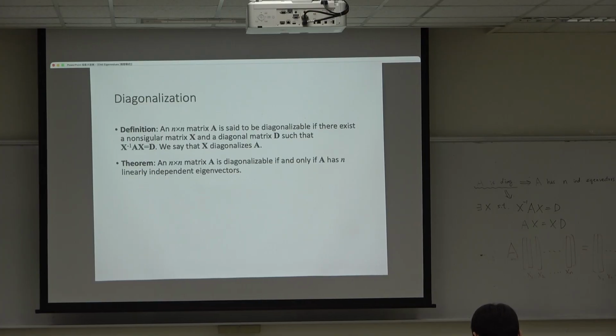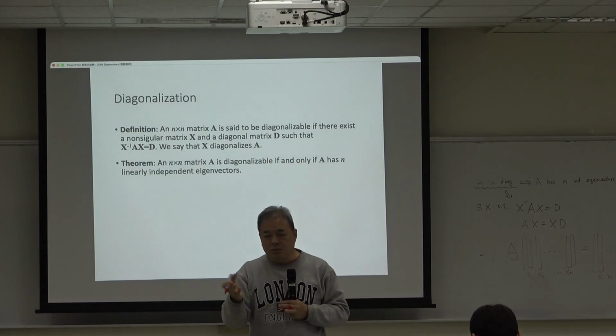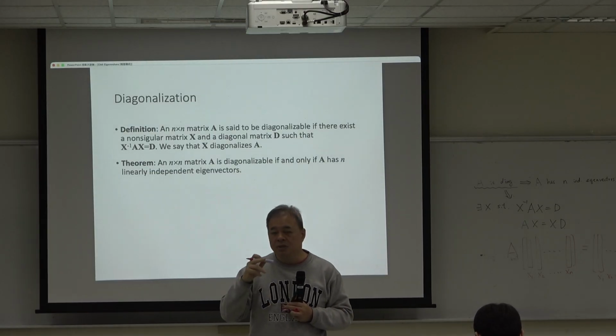So let's just represent this as D1, D2, up to Dn, and all the other parts are zero, right? Any question about what I just wrote? Should be straightforward, right?